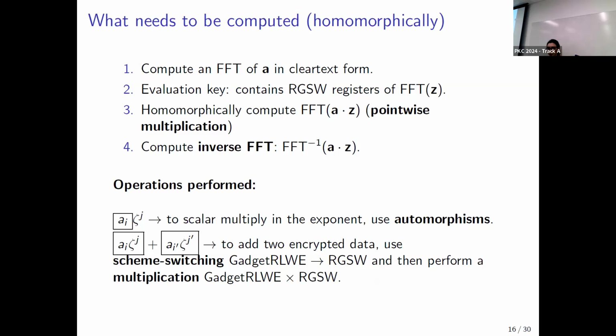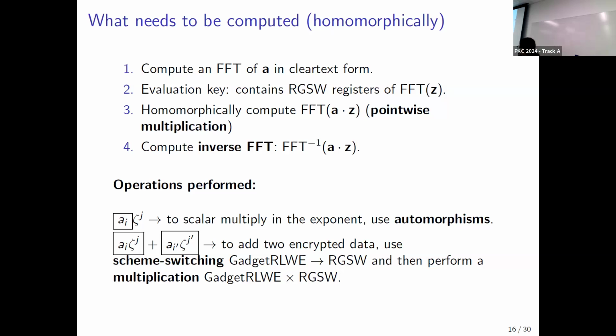So this basically summarizes what I just said. We have various operations that need to be done: point-wise multiplication, FFT, inverse FFT. But what matters here and what I want to convey in this talk is that we are able to do every single operation that is needed for these different steps.